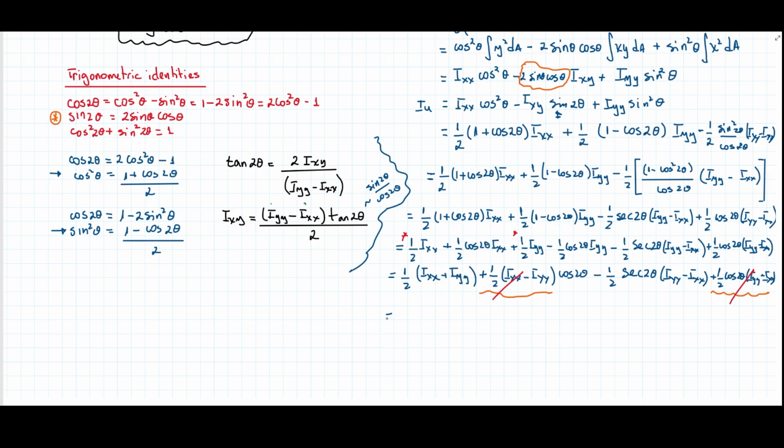That I_u, or the moment of inertia about the U axis, is what? It is 1/2 of this term here minus this term here. But if I swap these two terms, then I could write them down like this, just to keep the same order.